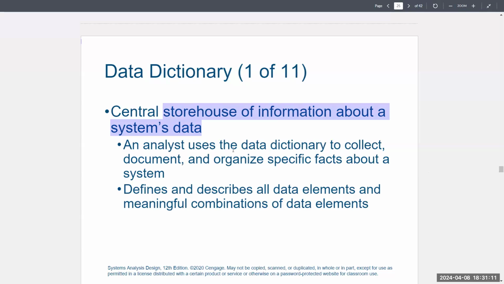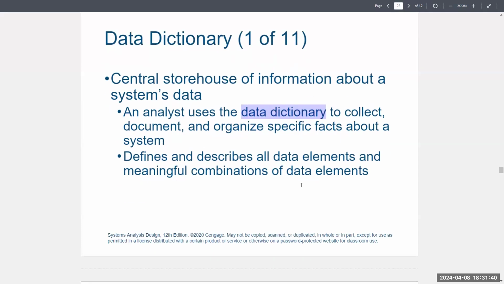If it's an existing system, then they can use that data dictionary to understand how the actual data is modeled within the existing system. Understand the different tables and columns within each table, how each table is related to other tables, right? How information is organized within that system, right? That's a very useful tool. That's part of every major database product, right?